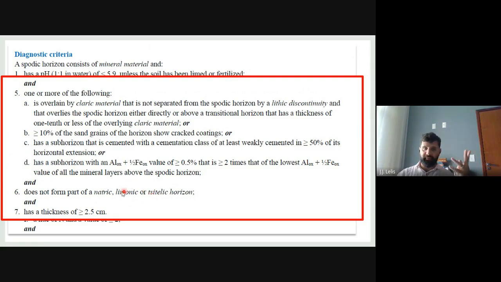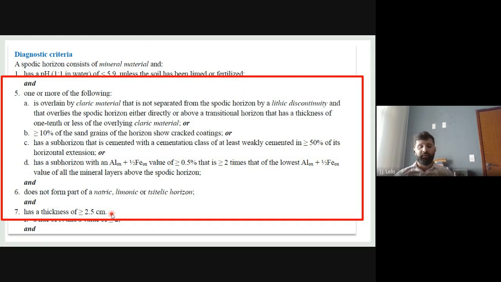But in this case, they are formation of organic material by incipient weathering of the L horizon. Okay, and this spodic horizon should present a thickness of at least 2.5 centimeters. So it's not so thick like the other horizons, it's at least 2.5.